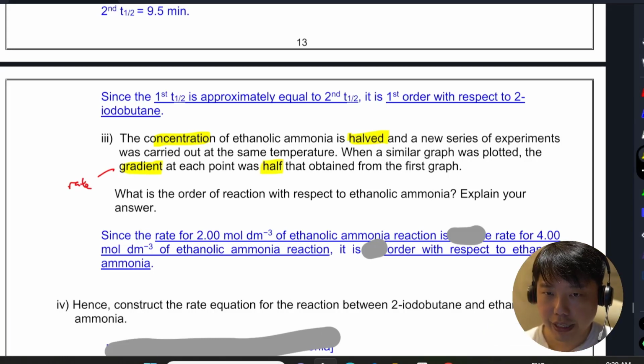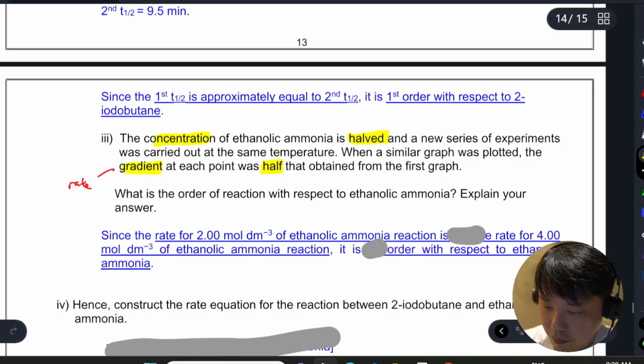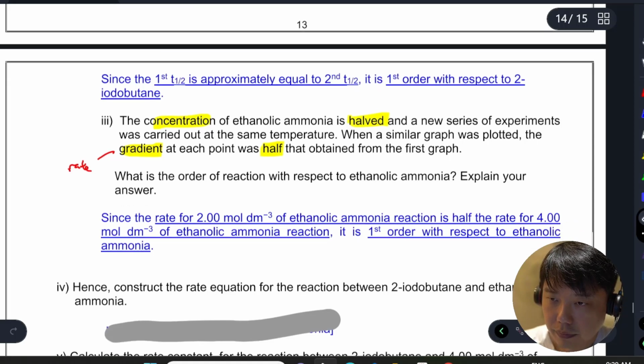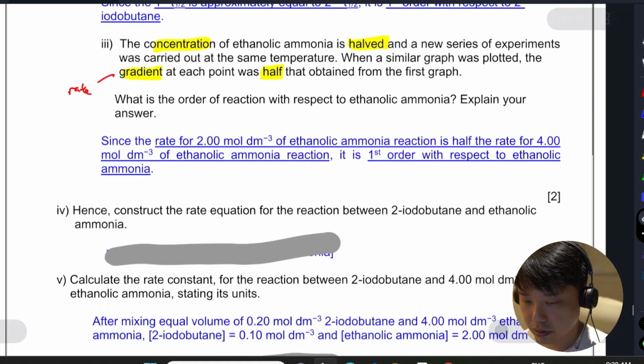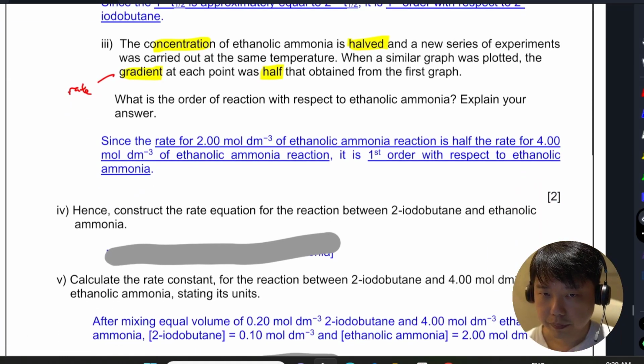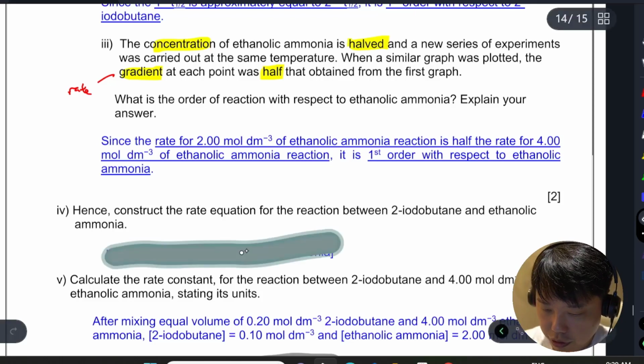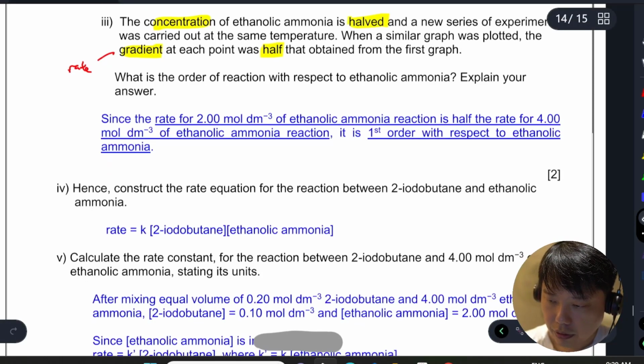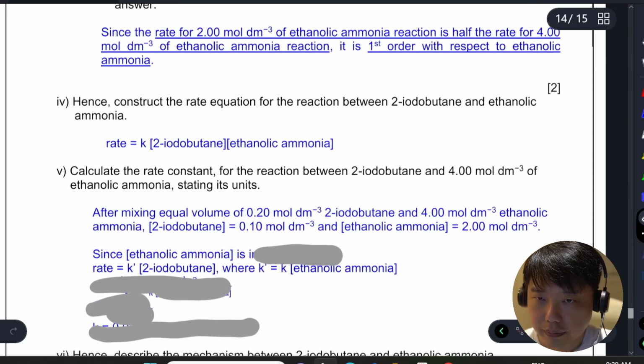Concentration half, rate is half, means that it is first order. Okay, so this is pretty straightforward. So since we know that both are first order, we can construct this rate equation.